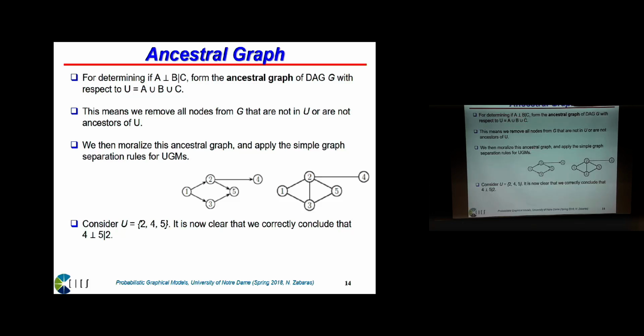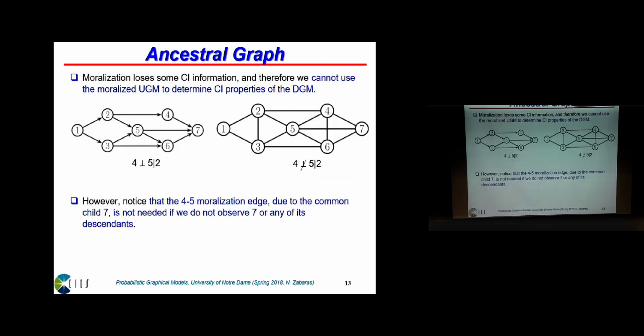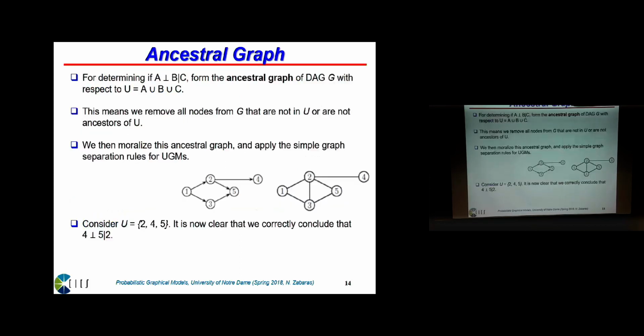So in our case, we're interested in nodes 2, 4, and 5. Certainly 6 and 7 are not there, so there's no need to put 6 and 7 in the picture at all.